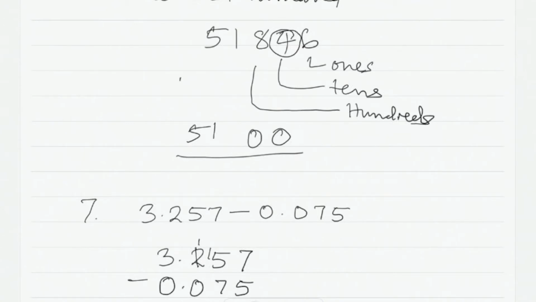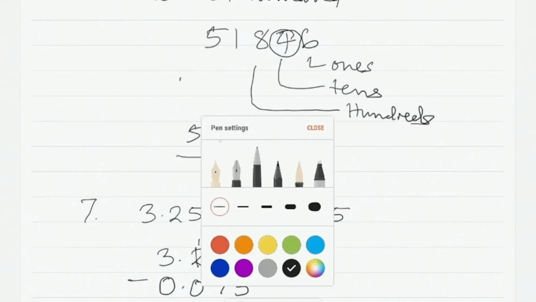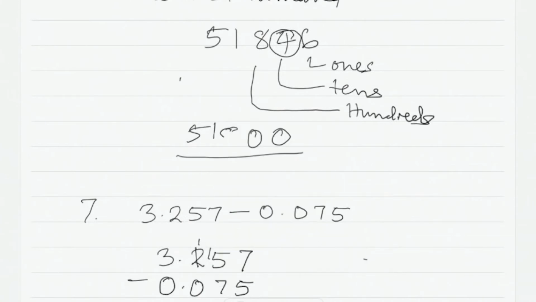So this 8 remains the same. So our answer is going to be 51,800. Sorry for that. I thought it was above 5. So since it is below 5, we don't add any number there. So it will remain 8. Since the 4 has already been used, we write 0, 0 to have 51,800. So our answer is going to be B.